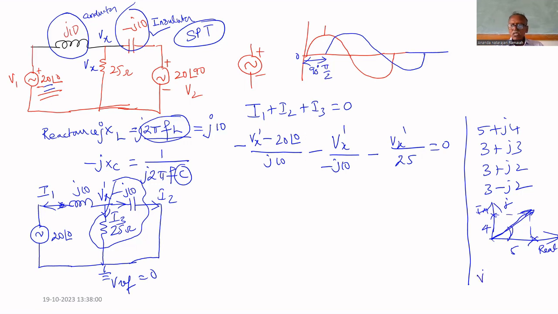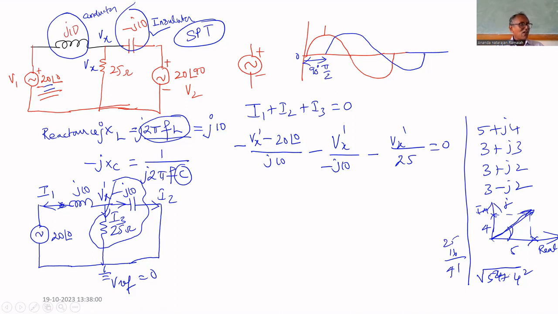How to find that? Square root of 5 squared plus 4 squared, 25 plus 16, which is 41. The length is square root of 41, about 6.4. How to find the angle?